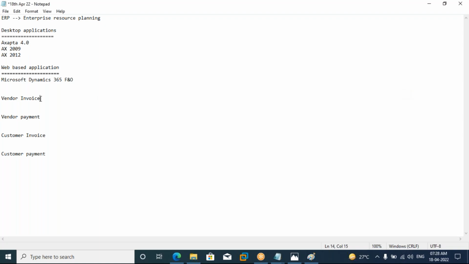Vendor invoice can be done in 5 different ways. One is invoice journal. Second one is purchase order to invoice. Third one, pending vendor invoice.